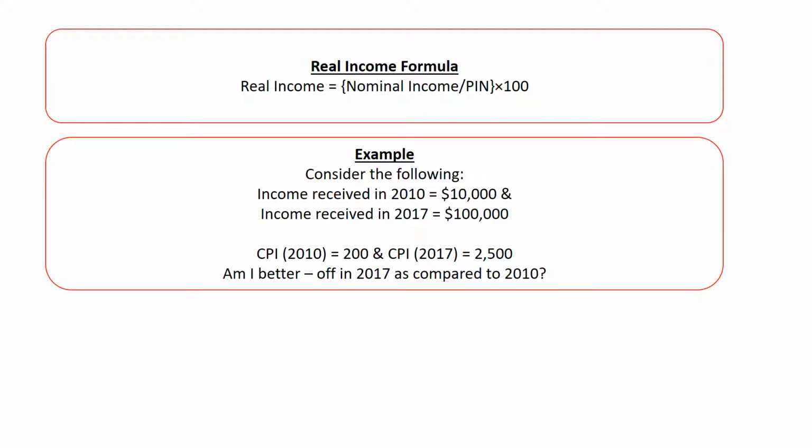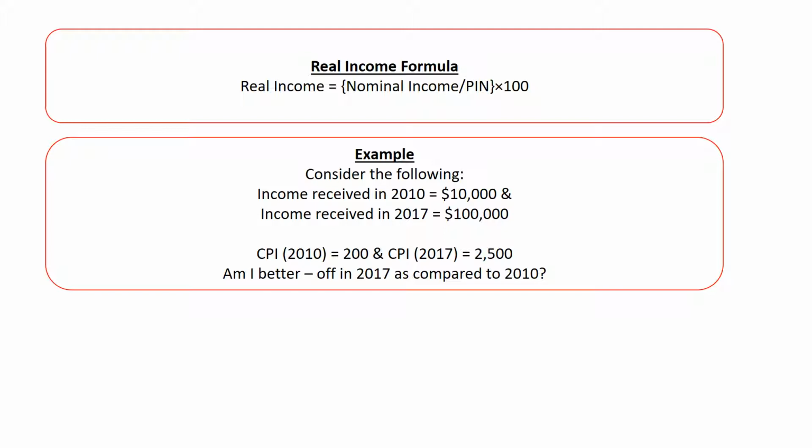Consider the following example. Suppose the income I received in 2010 was $10,000, and in 2017 my income became 10 times that and I received $100,000. The CPI in 2010 was 200 and the CPI in 2017 is 2500. The question we ask is, am I better off today as compared to 2010, based on what I can afford or what I can buy?